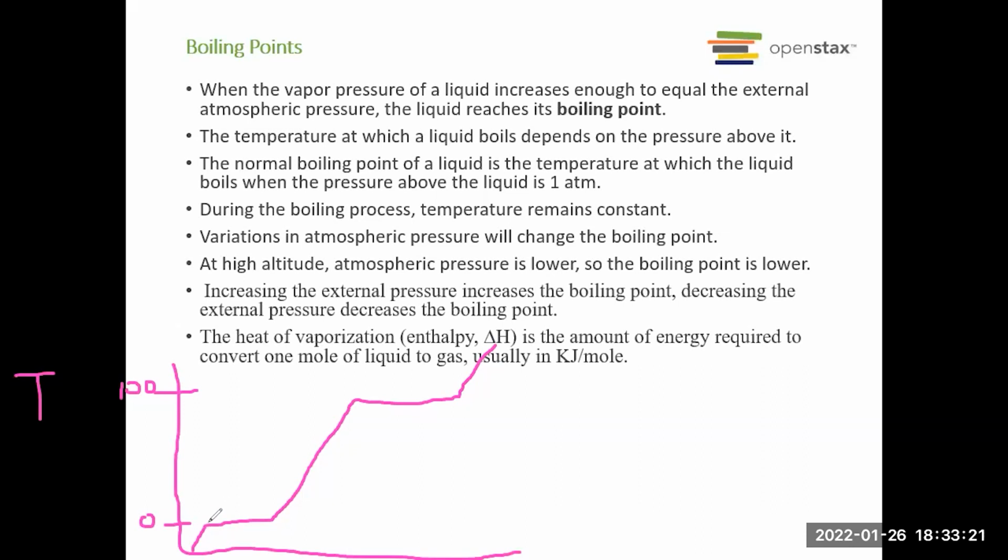So here, this is something that is ice, so this is below 0. As we get to 0, this here represents that change in enthalpy, delta H.